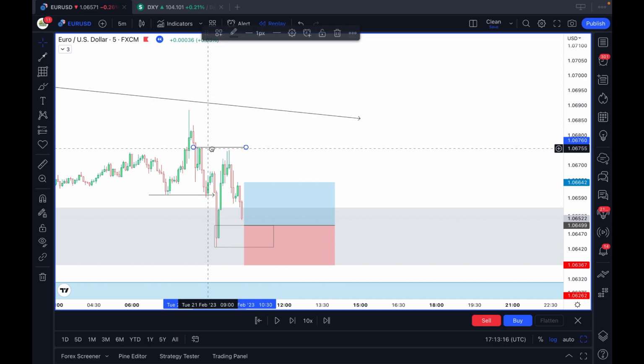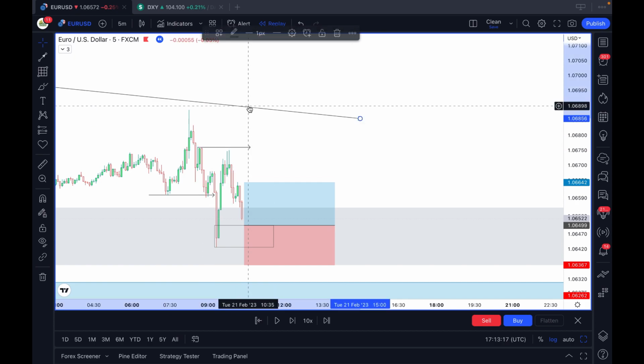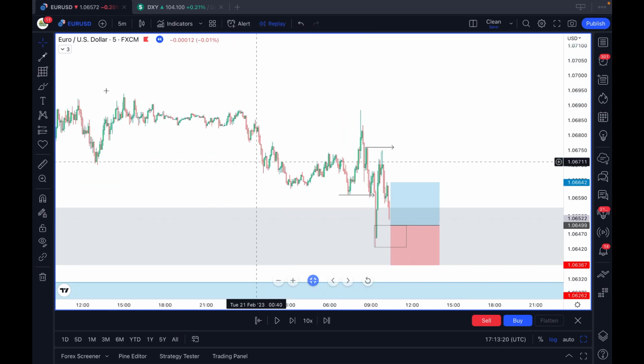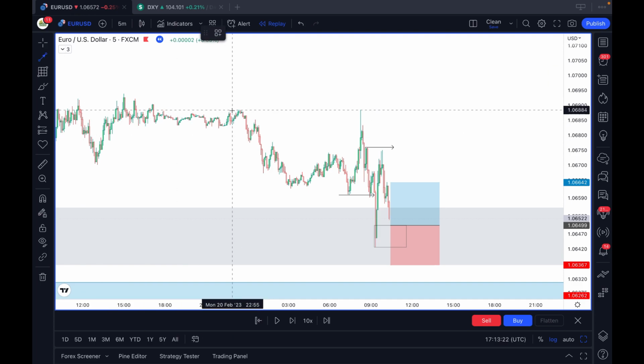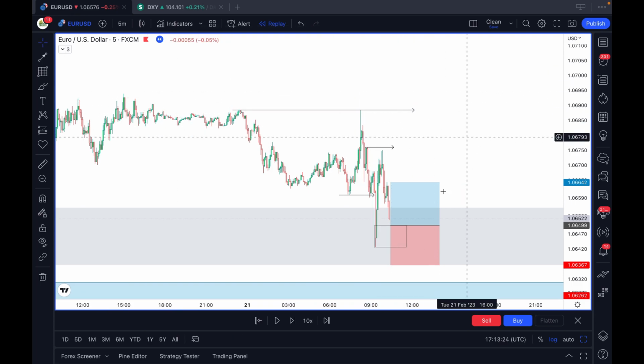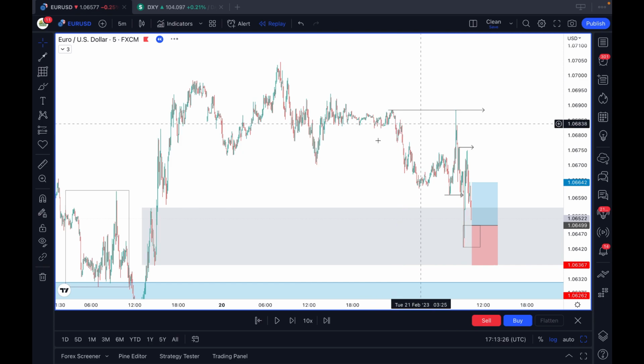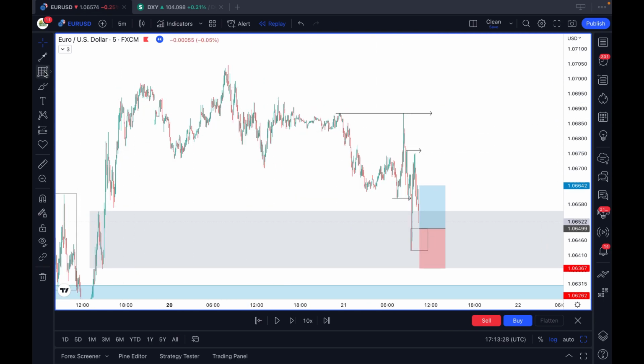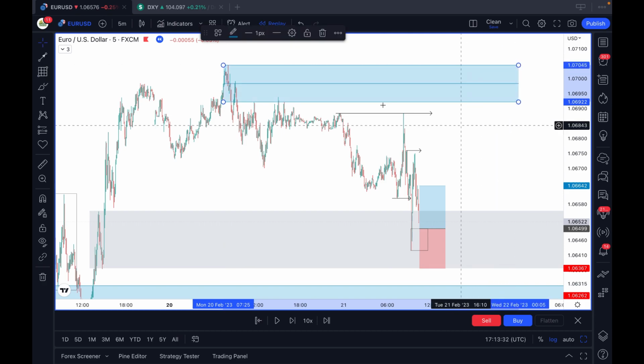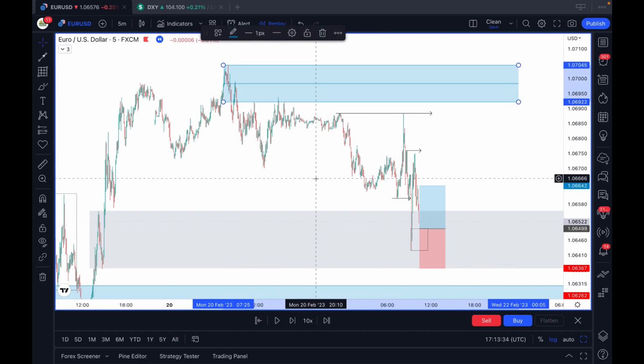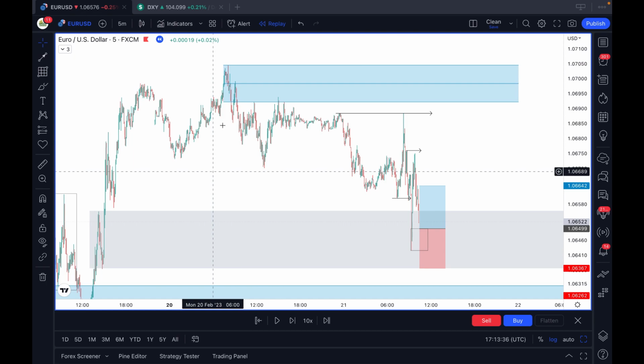Again, there's liquidity on the lower time frames. If I get rid of this, there was also liquidity, basically relative equal highs here. So my target was above this region here, and I was looking for price to possibly come above and mitigate this region, because that's where liquidity is lying on the lower time frames.